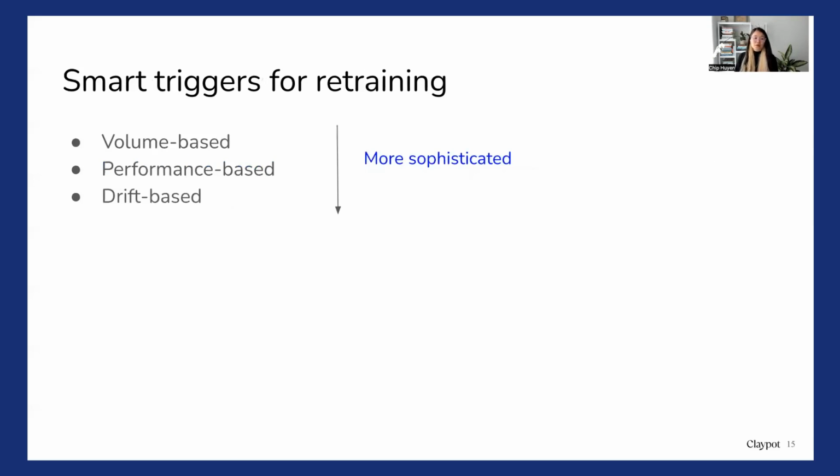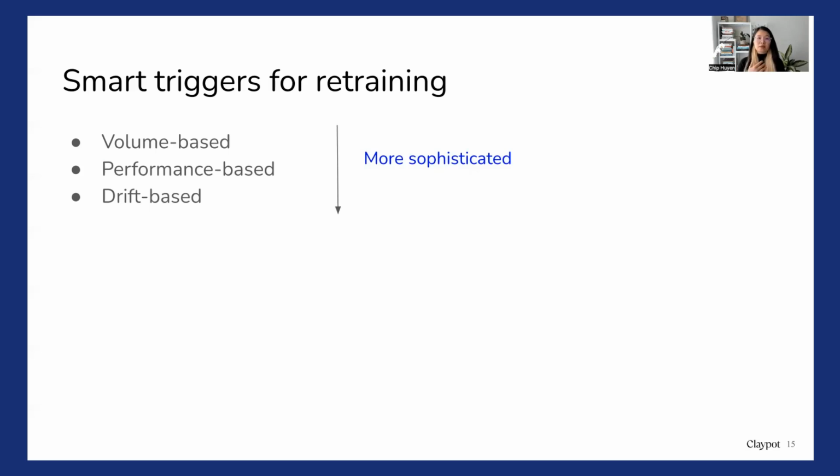There are different smart ways to trigger retraining. The simplest one is a manual trigger or a cadence-based trigger. But there are more sophisticated triggers, for example, volume-based. We work with a lot of B2B companies, and they work with multiple customers or clients, and each customer or client has their own model and their own data.